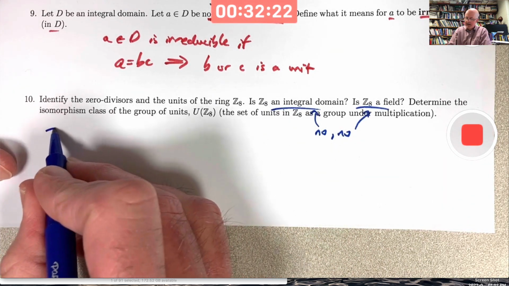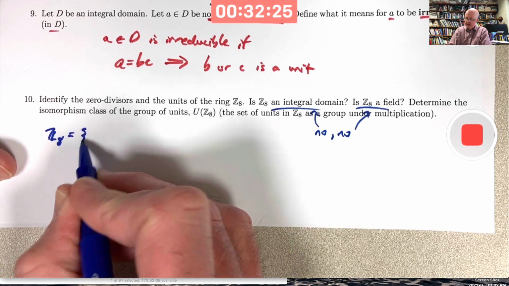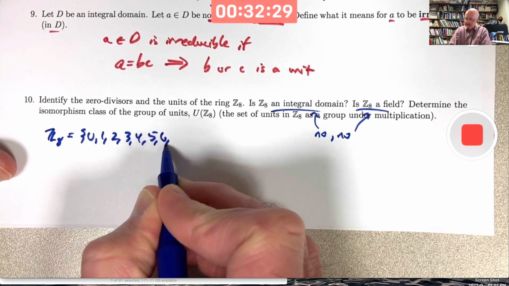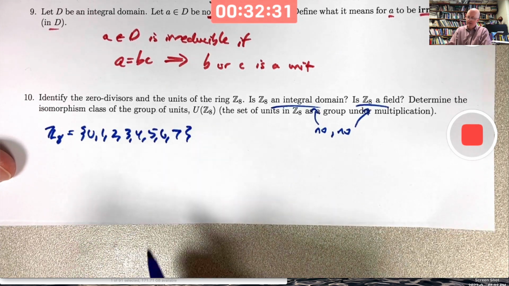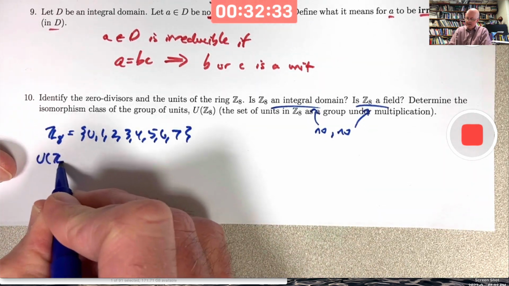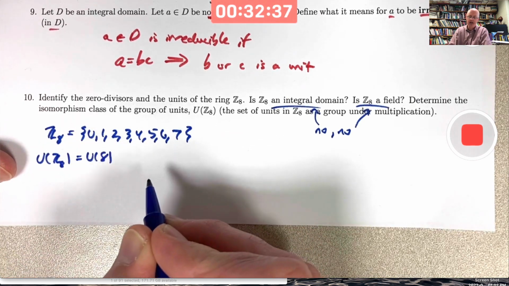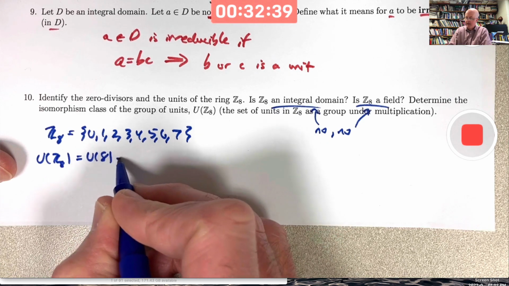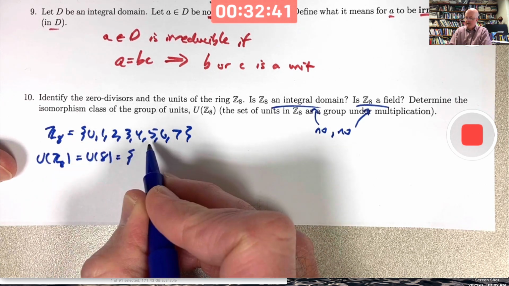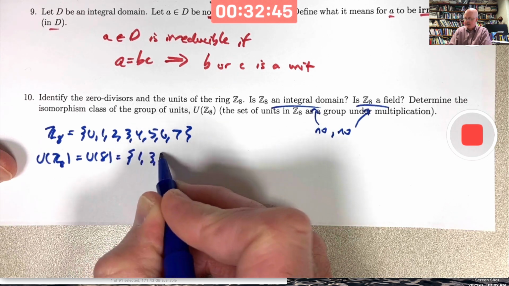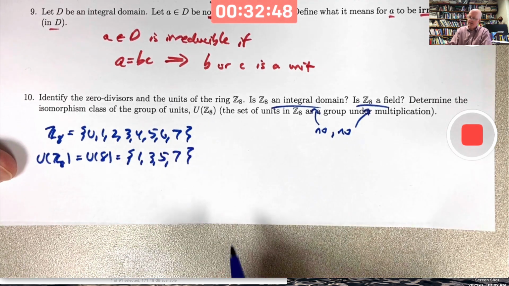Z8 as a set happens to be 0, 1, 2, 3, 4, 5, 6, and 7. The group of units in Z8, which we'll identify first, is the same as the group U8 that we commonly talk about in group theory: the positive integers less than 8 that are relatively prime to 8, which are 1, 3, 5, and 7. That's the units.